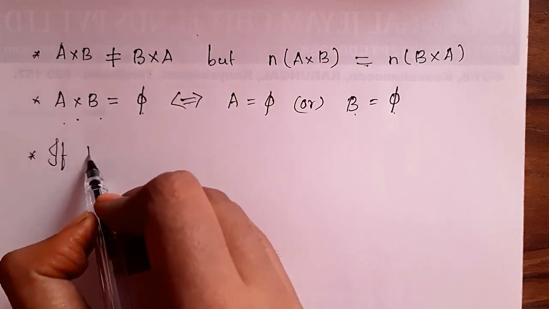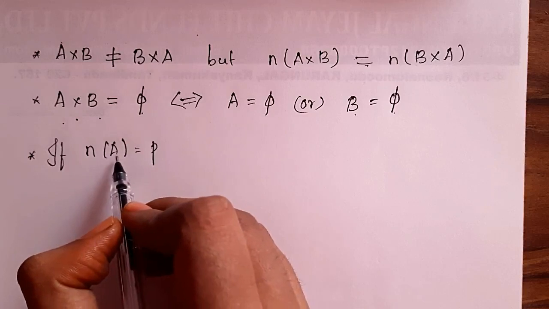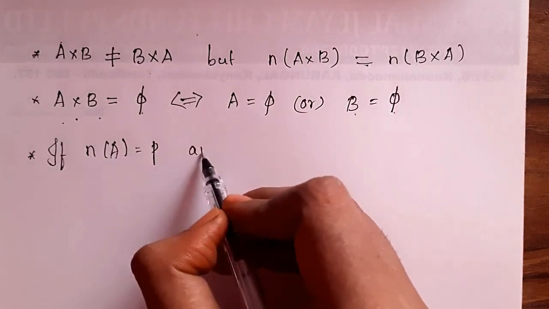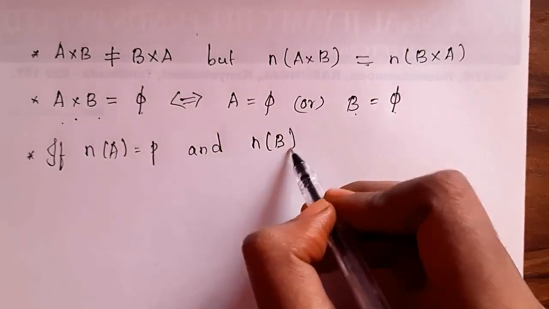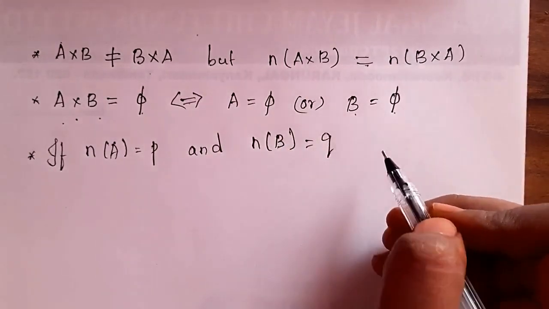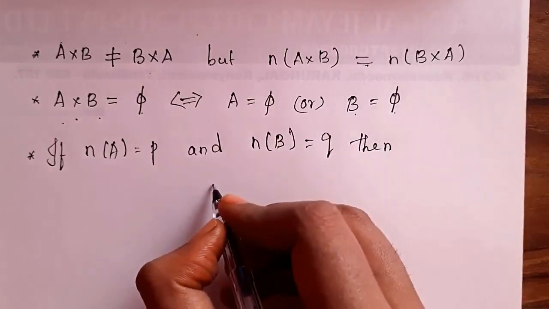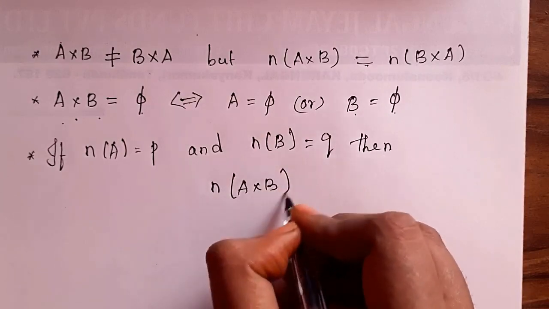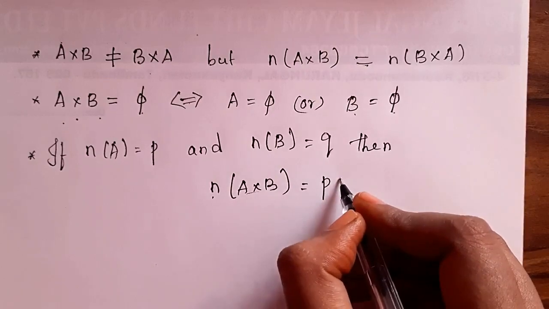If the number of elements in the set A is p, think about it. Suppose the number of elements in the set A is p and the number of elements in the set B is q. Then in our Cartesian product A cross B, the number of elements will be pq.